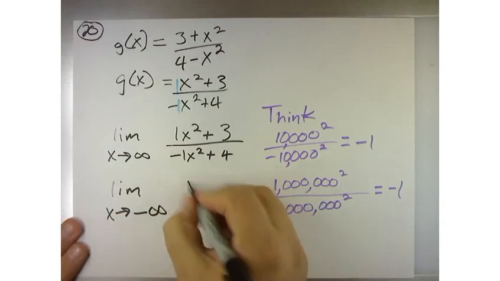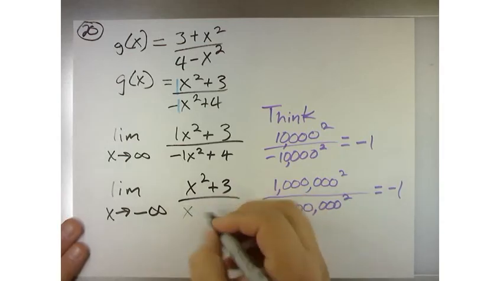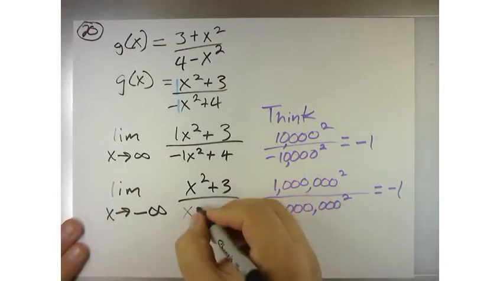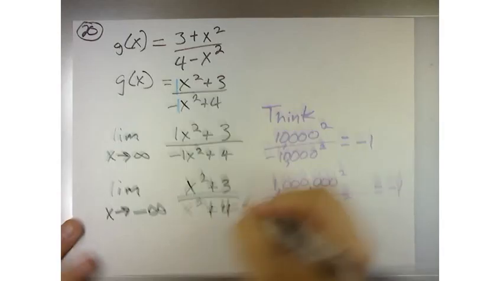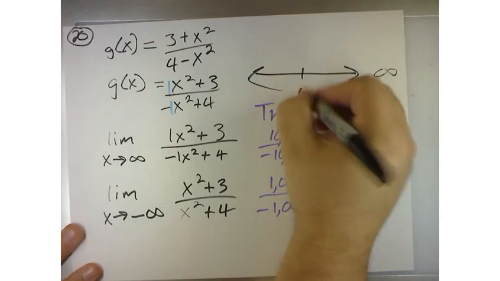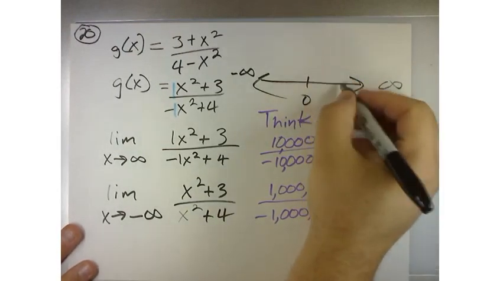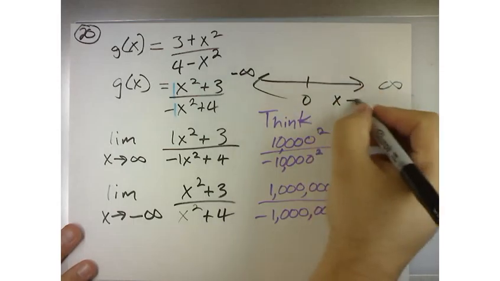So now if I take the same equation and I look at the limit as I approach negative infinity, what I'm going to do is take the same function, but now plug in negative values going in the other direction. Just so you guys can see what I'm thinking, this is infinity, this is 0, this is negative infinity. And I'm looking at the behavior as x increases in this direction.